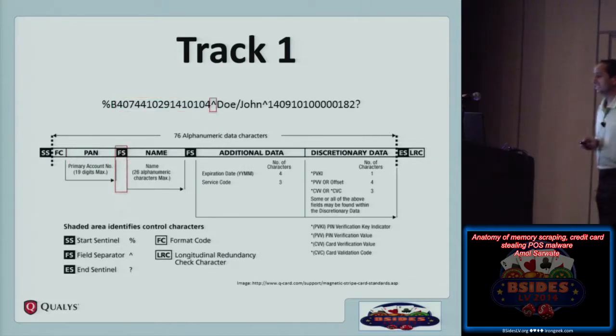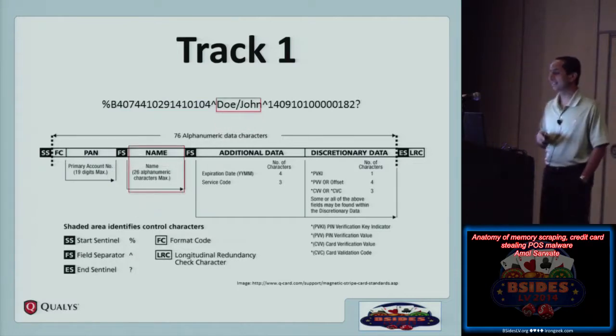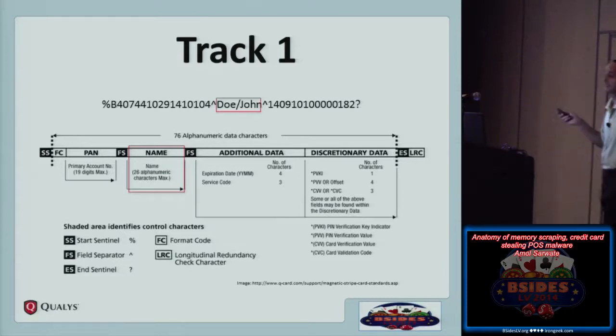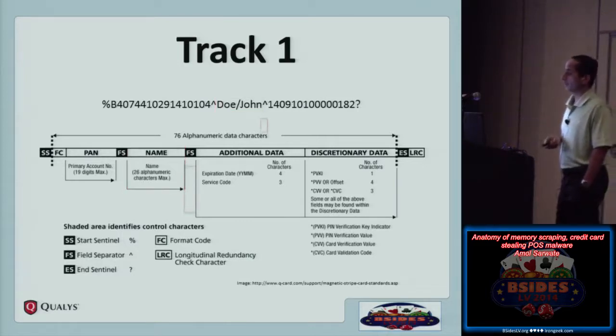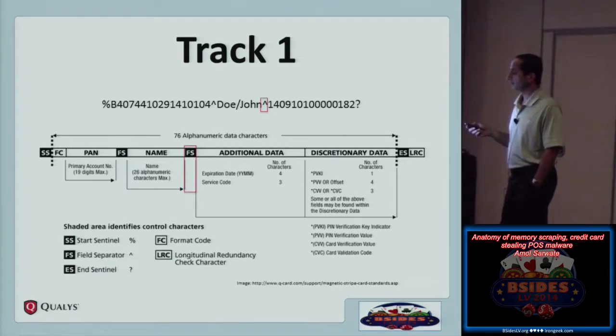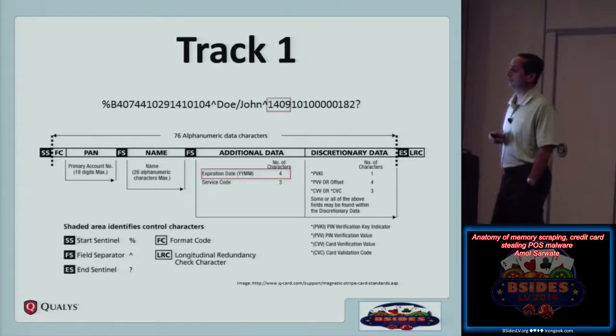Followed by a field separator, which is a caret symbol, followed by 26 alphanumeric characters. Remember, track 1 can store alphanumeric characters. So this has basically your name, your last name / first name. Followed by again a field separator, which is a caret symbol, followed by additional data.